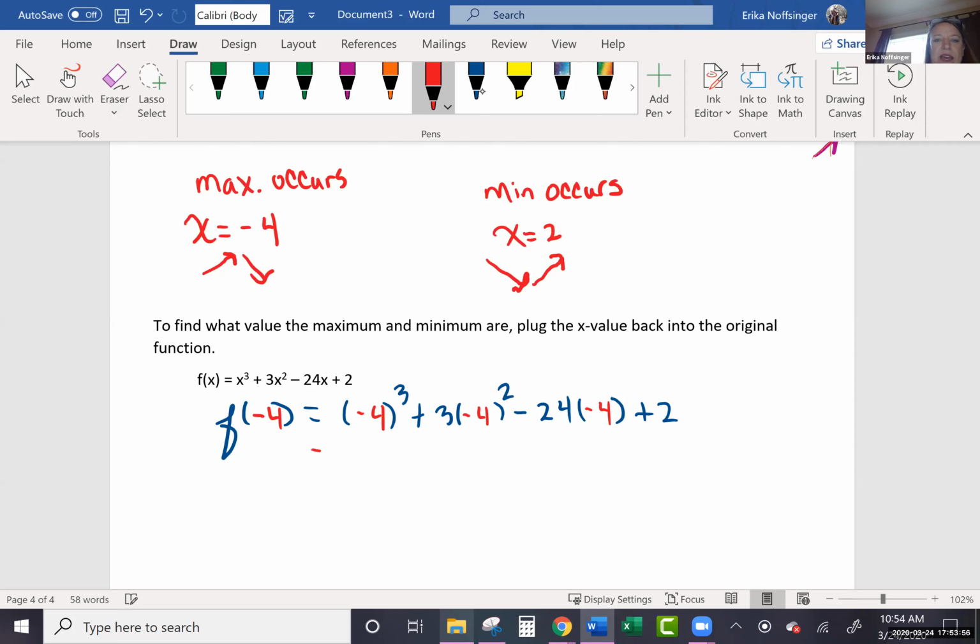Okay, so in this case, we actually need to know what the x and the y values are. It's more than just is it positive or negative. So -4 cubed plus 3 times -4 squared, which is 16, minus 24 times -4 plus 2. So I get that this is 82. Okay, so we have a max value of 82.